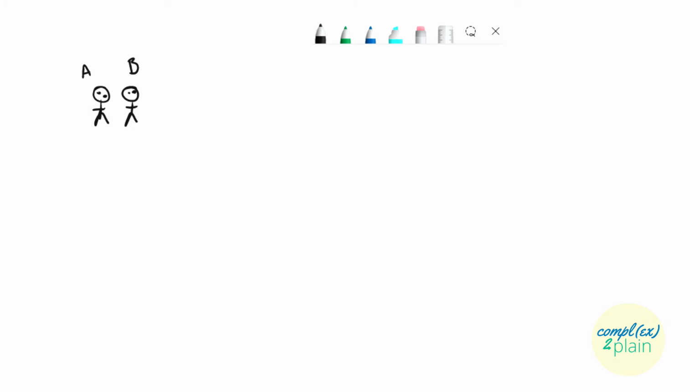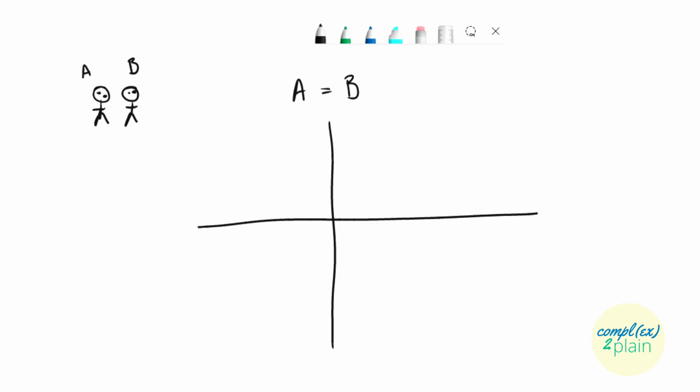Because they're born at the same time, if I had to write an equation of how their ages relate to each other, I would just say twin A's age is the same as twin B's, right? So if I had to draw this as a graph, let's plot A here, that's the Y, let's plot B here, it's the X. So when this one is 2, that one will be 2.